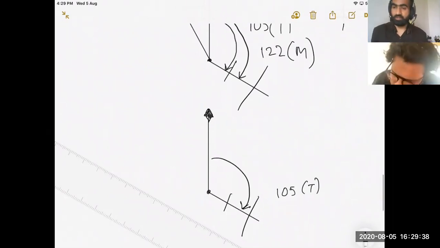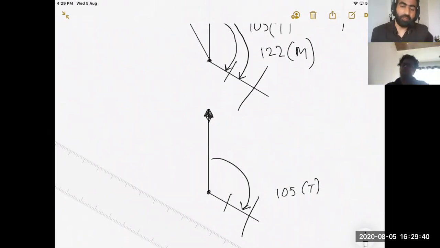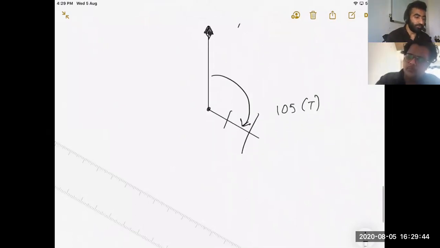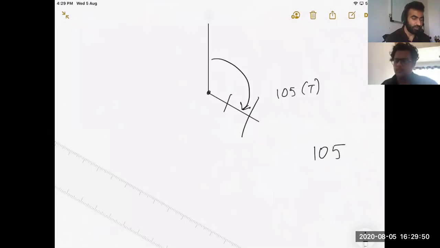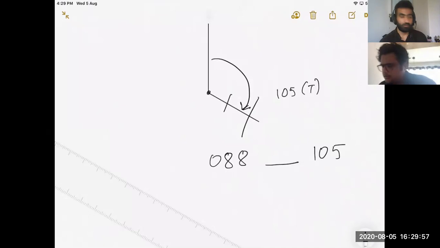Now, the direction of the aircraft relative to magnetic north is 088. So remember CDMVT: T is 105, V is to be found out, and M is 088. So now you know your variation is going to be east. 17 east. Very good.